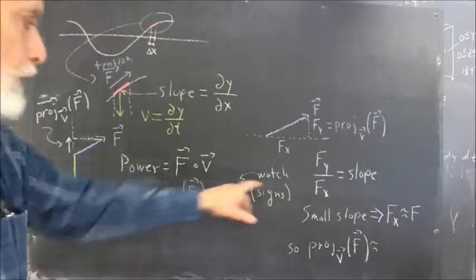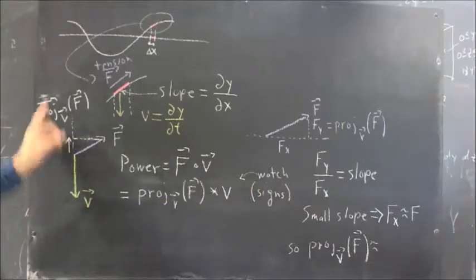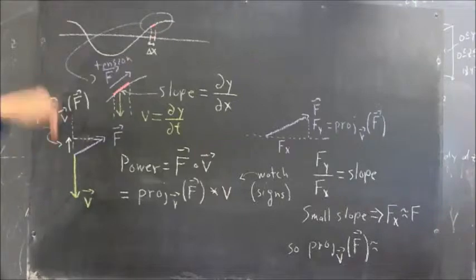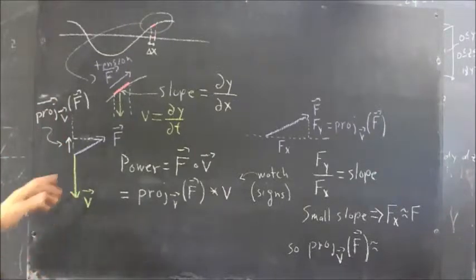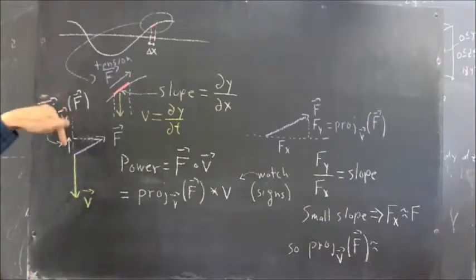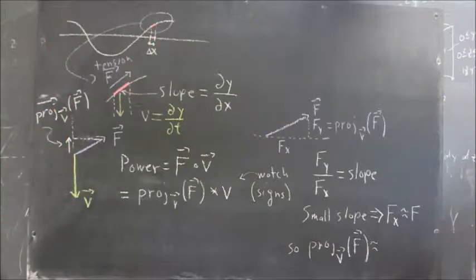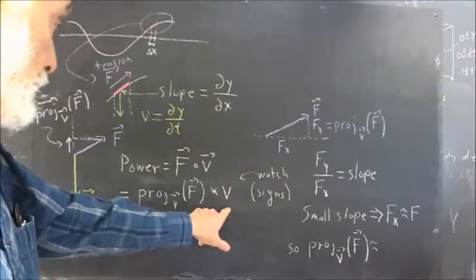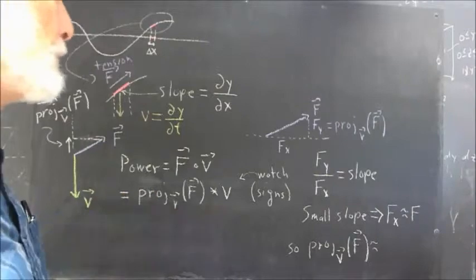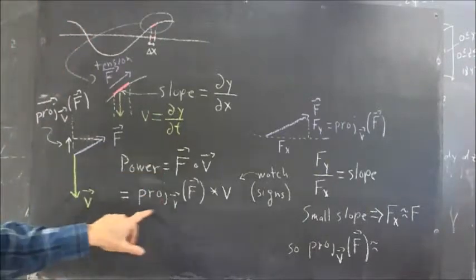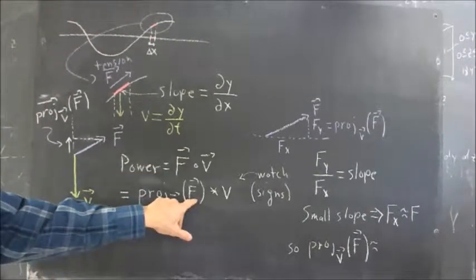And we do have to watch the signs. We have to see whether the projection is in the same or opposite direction to the velocity. Okay, so here's our power.